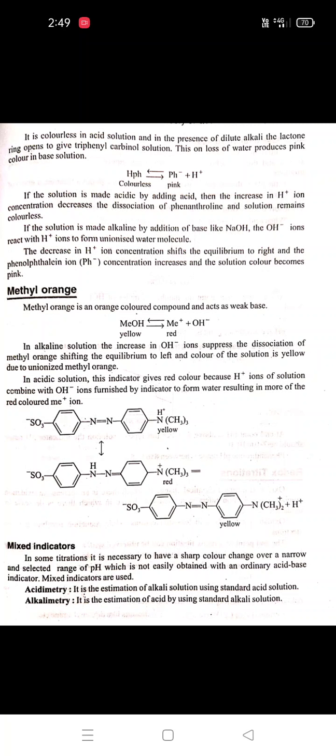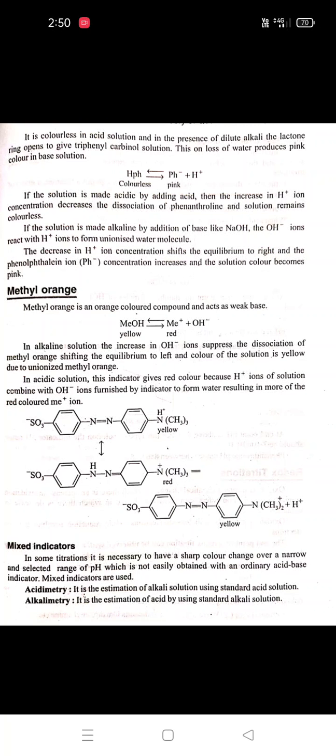But compounds like methyl orange and phenolphthalein are also weak acids or bases, and they appear colored. So for this reason, we choose these compounds as indicators. And methyl orange.